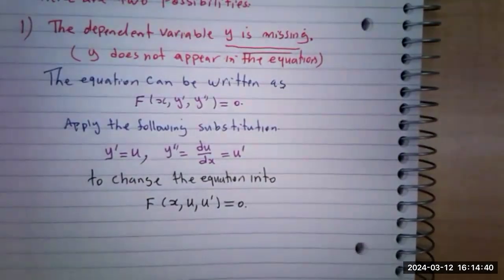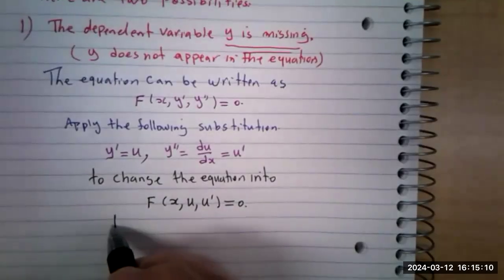So this is going to be a differential equation of the first order. u behaves like y in this case when you want to solve it, and x is going to be just the independent variable. So this equation can be a separable variable equation in u and x, or linear with respect to u and x, or a Bernoulli equation with respect to u and x. So we change the equation into this format that can be solved.